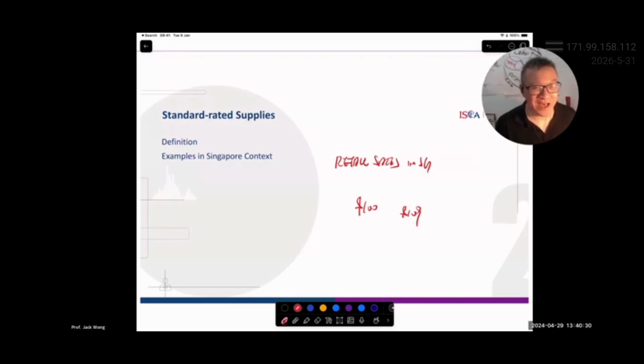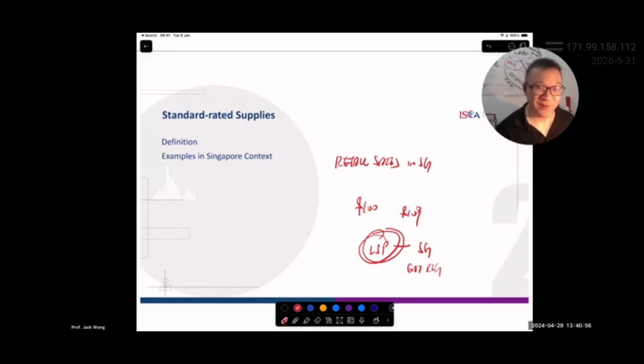Now the question is, why is there a 9% charge? You send your notebook for repair, your computer for repair, and this is a local service provider. Again, it's not because the services are rendered in Singapore. It's because this guy, the local service provider, belongs in Singapore and is GST registered.